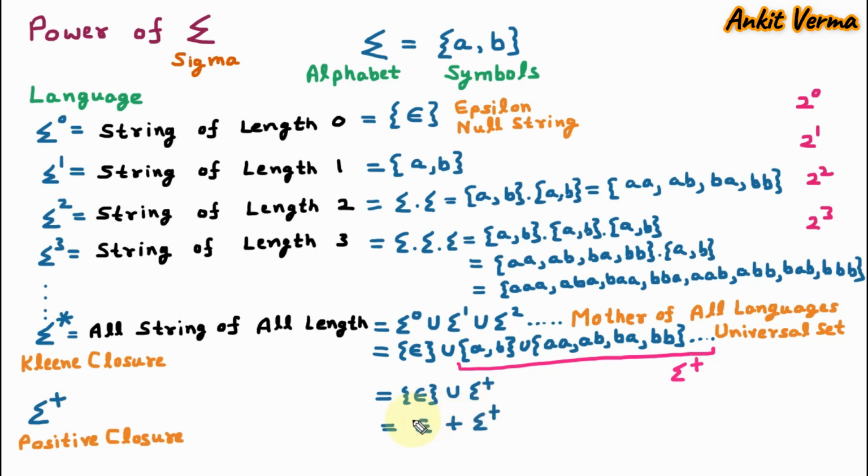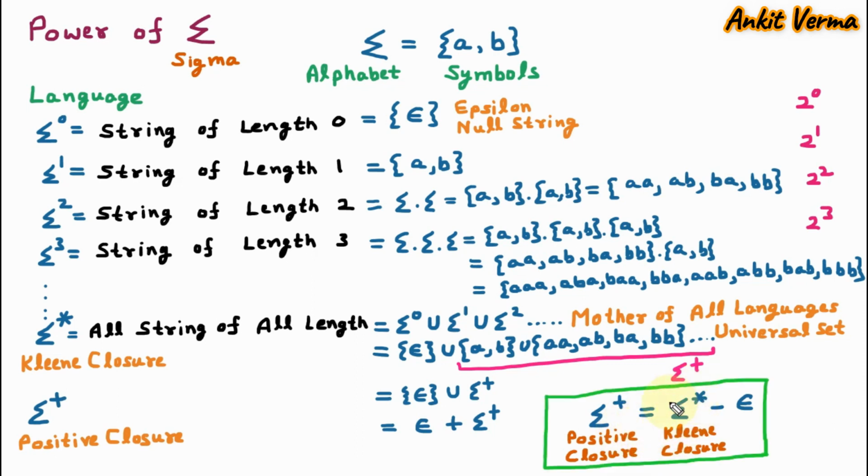And if we take the epsilon to the other side, that will become sigma plus equal to sigma star minus epsilon. Here sigma plus is positive closure and sigma star is Kleene closure. And this is an important formula in theory of computation.